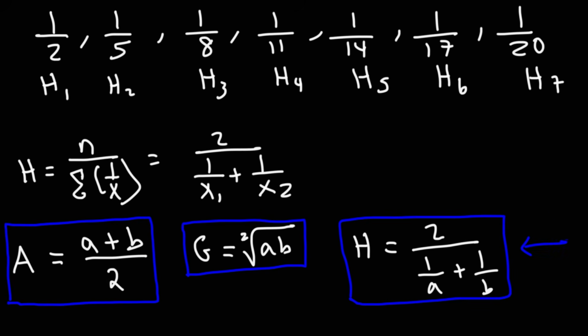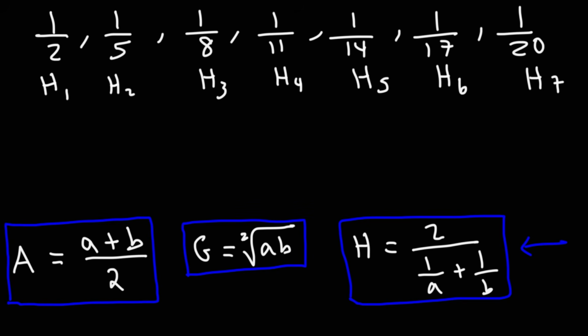Let's use this formula to see how we can get the middle term for the harmonic sequence above. So if we want to find the harmonic mean of the first and the third term, this is going to be 2 over 1 over h1 plus 1 over h3.